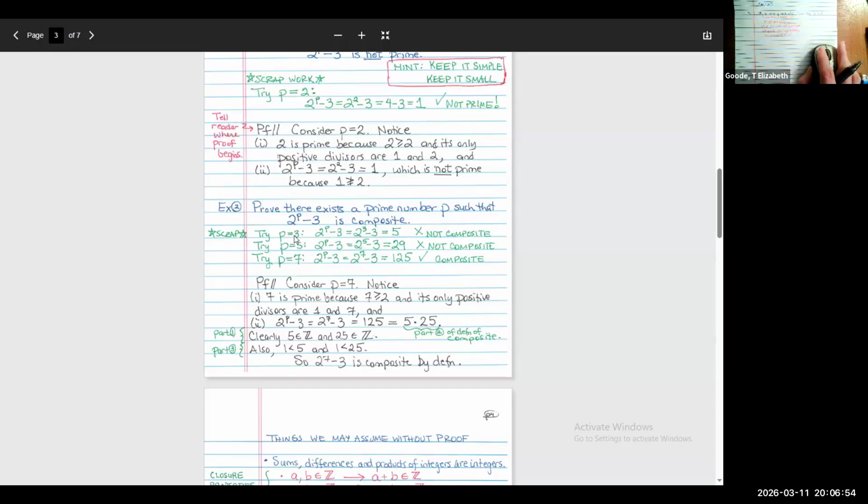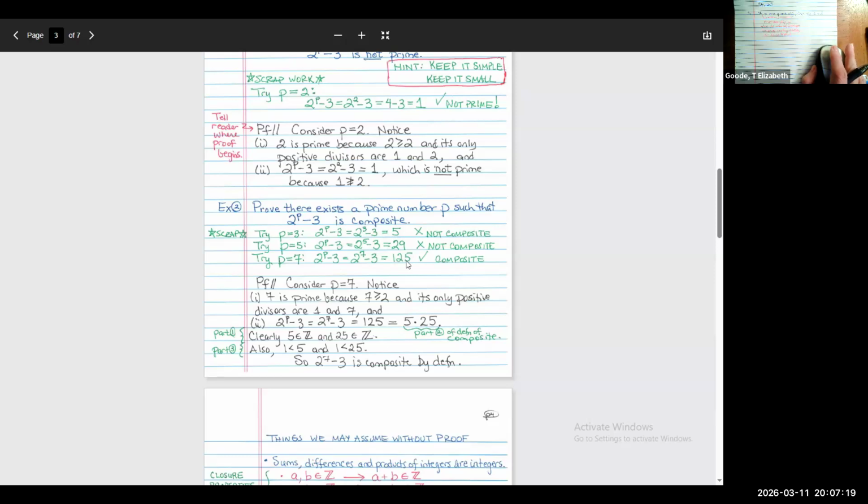When p is 3, 2 to the p minus 3 was 5. That's not composite. 5 is prime. When p was 5, 2 to the p minus 3 was 29. That's prime. You can't factor it either. But when we tried p equals 7, we got 2 to the p minus 3 is 128 minus 3, and that is 125, which is composite.